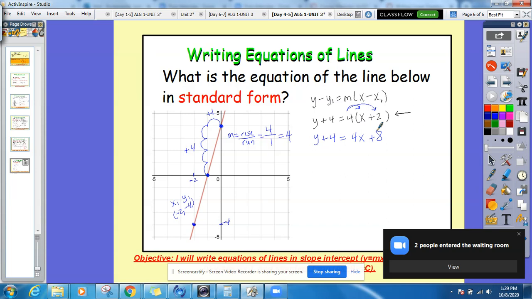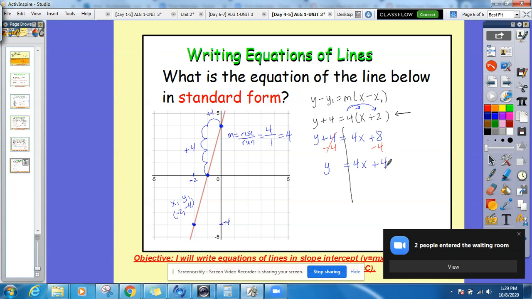Now from here, we want to get all our constants to one side. So I'm going to draw my fence. To move the 4 from the left-hand side to the right-hand side, we're going to subtract it from both sides. So now we have y is equal to 4x +4.